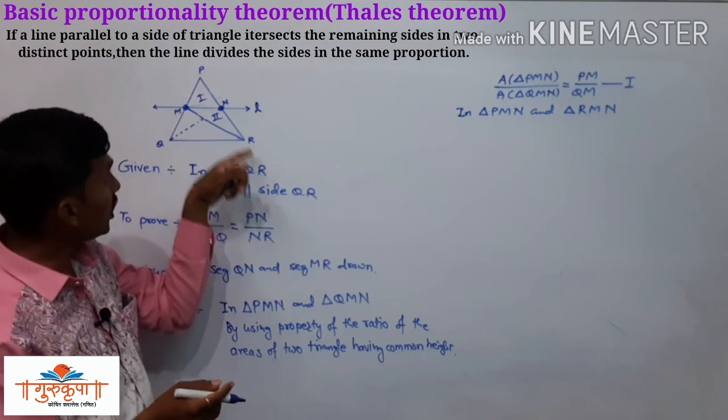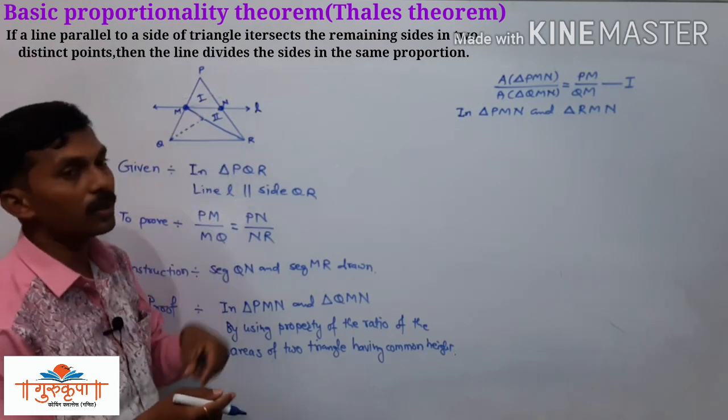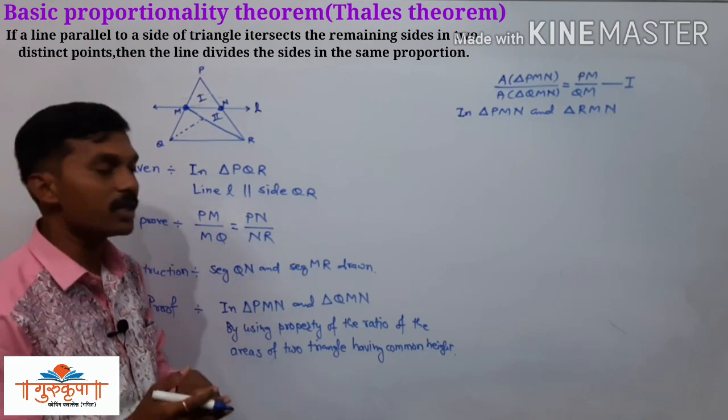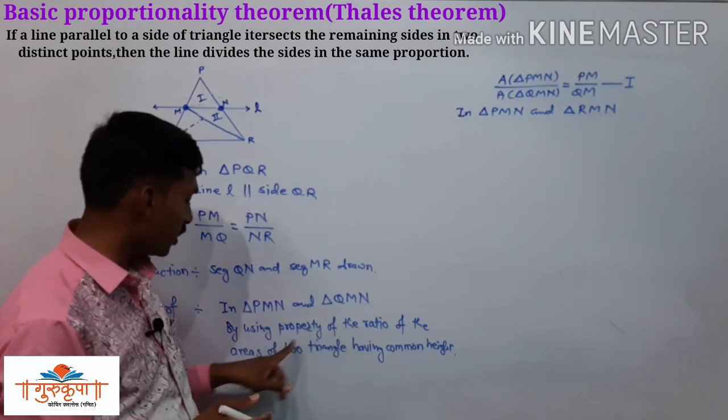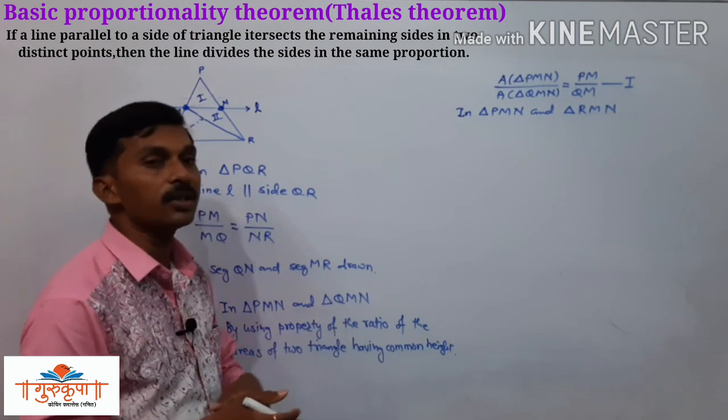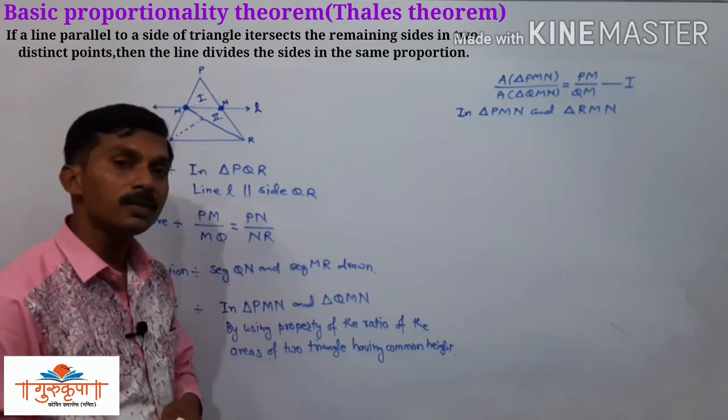Since their bases are on the same line and the height is common, we can say that the ratio of the areas of those two triangles is equal to the ratio of their corresponding bases.